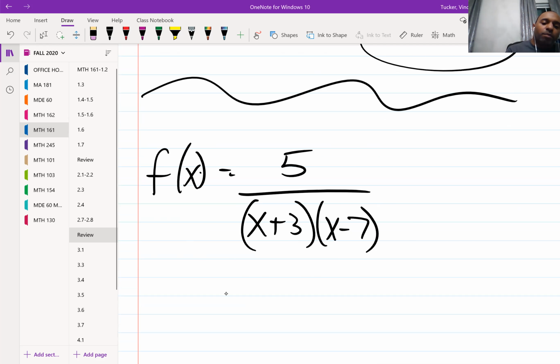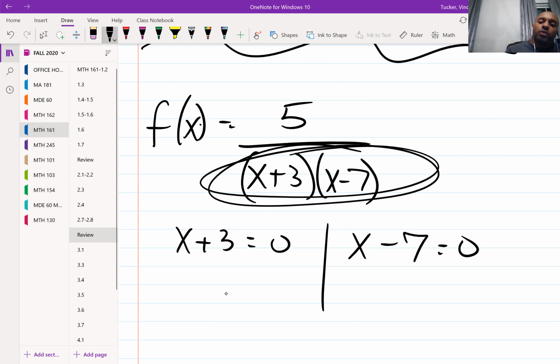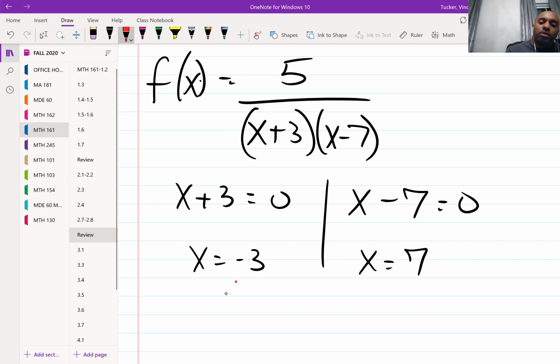And so setting both parts equal to 0, because remember, we cannot have a 0 in our denominator if we have a fraction or a rational expression. So I want to know, when is the denominator equal to 0? So I set both pieces equal to 0, solve for x, and I get -3 here and a +7 here. So these are the values I cannot use, because when I use those, that's when I get 0 in my denominator.